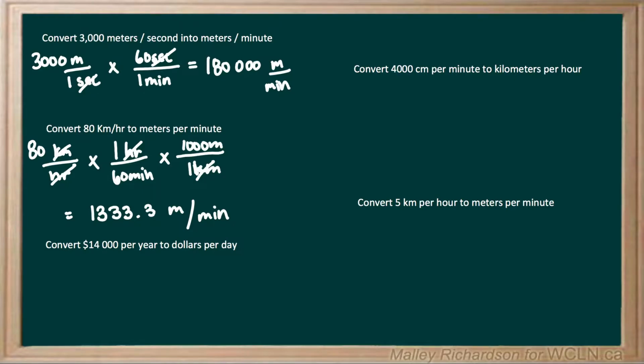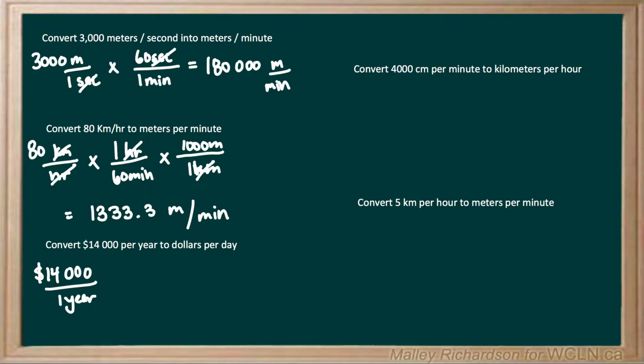Looking at our third question, we want to convert $14,000 per year into dollars per day. So again, we write out what we want to convert, which is $14,000 per 1 year, and we want to convert that into dollars per day. So the only thing we have to convert is years to days.